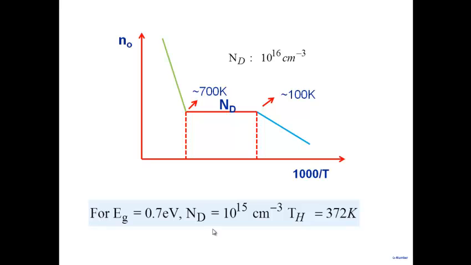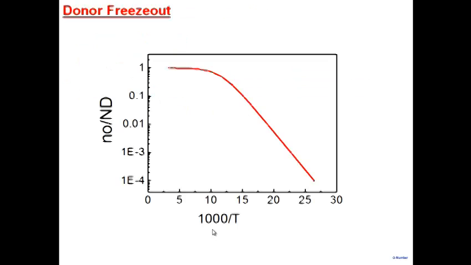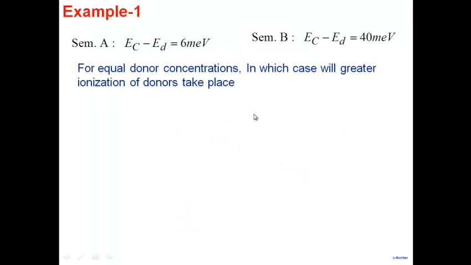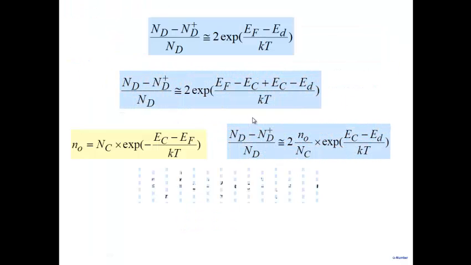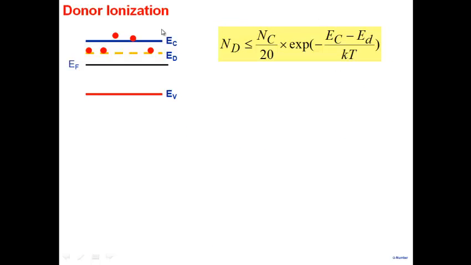The other thing that will bother you is, I just want to illustrate, you remember donor neutralization? What did we say that for a donor atom to be ionized, what is it that you require? If we go back and look at our discussion here, you require that this donor level should be close to EC.